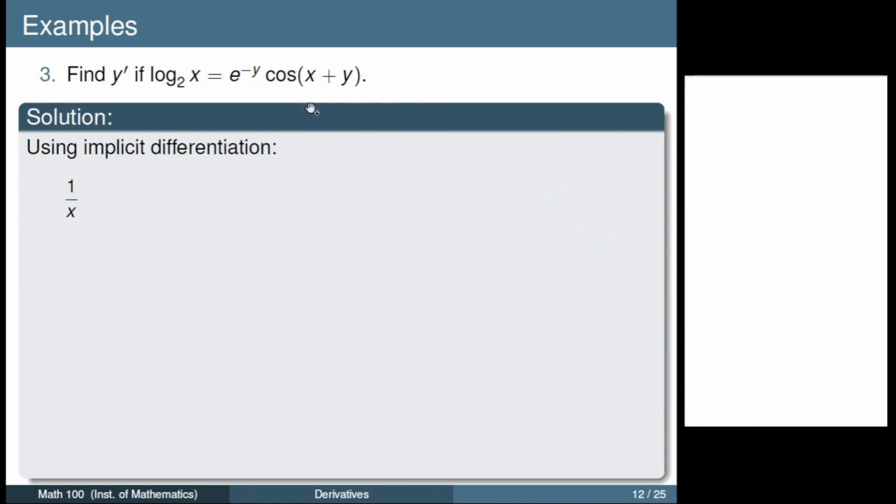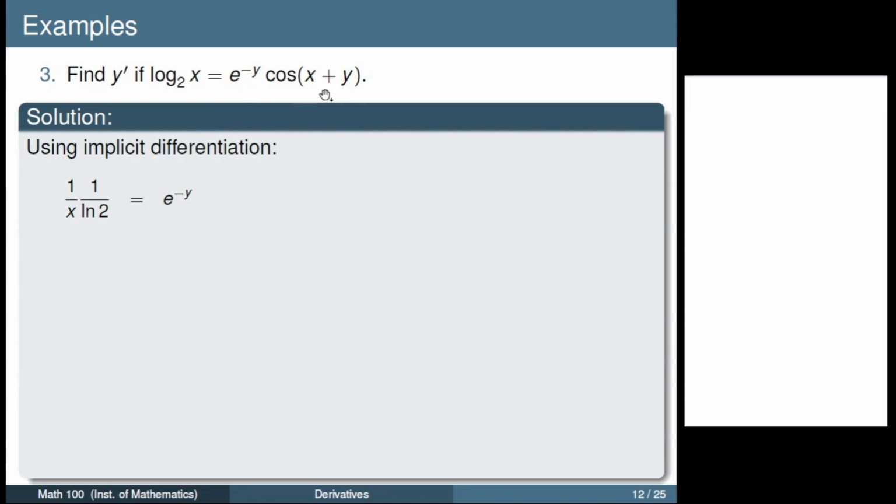So, using implicit differentiation, ang derivative nito from our last lecture video ay 1 over x times 1 over ln of 2, right? And dito, we have to use product rule. Copy natin yung una, multiply sa derivative nitong pangalawa.